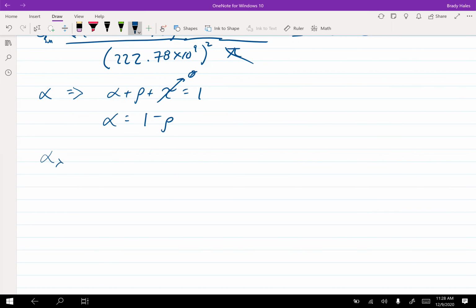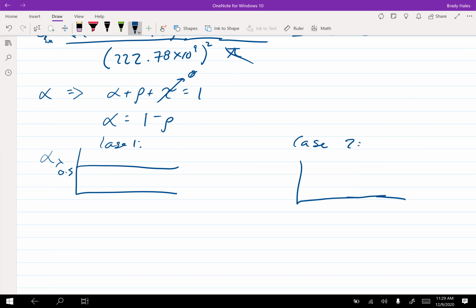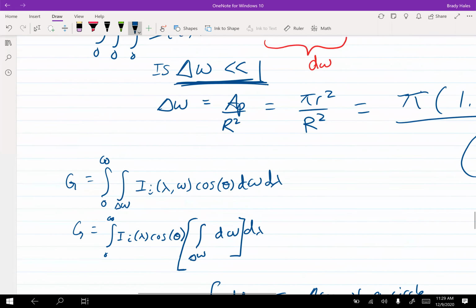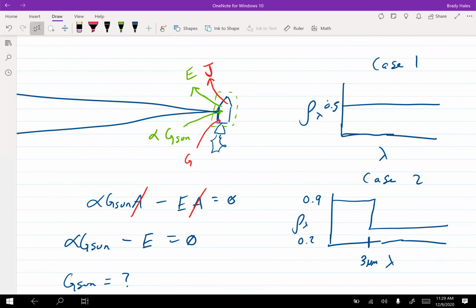So now we can make a graph of alpha lambda. For the first case it would be 0.5. And then for case 2, I believe the reflectivity was 0.9, so that means alpha is 0.1 here, and then it was 0.9 after, or it would be 0.8.